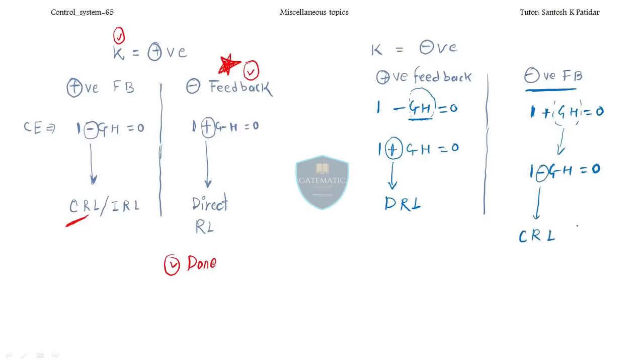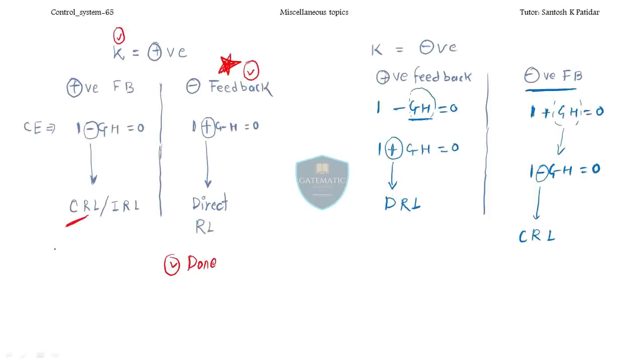Remember always, for the complementary root locus, we can have two things. The first is positive feedback.